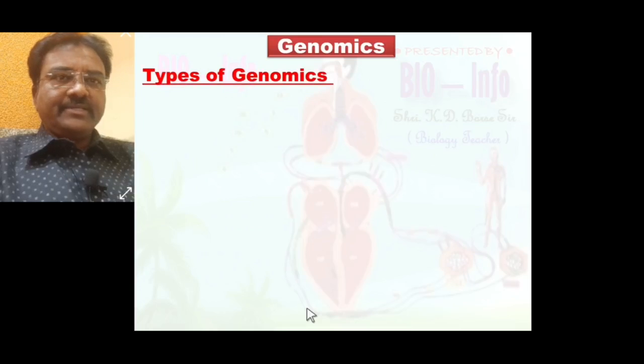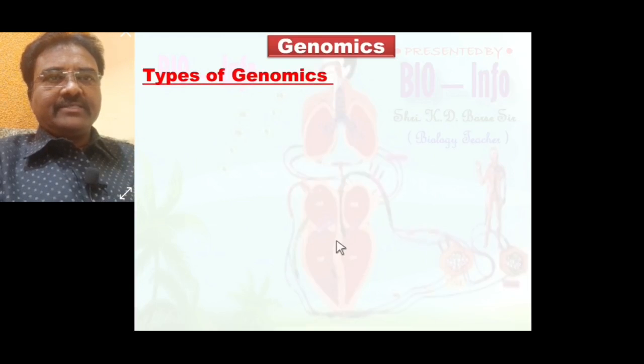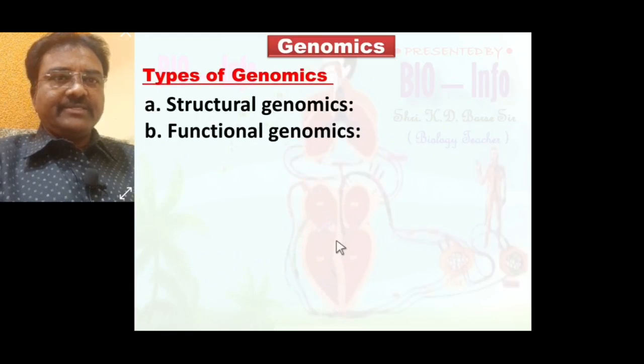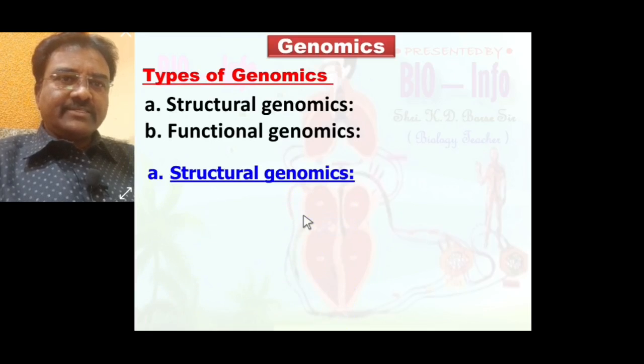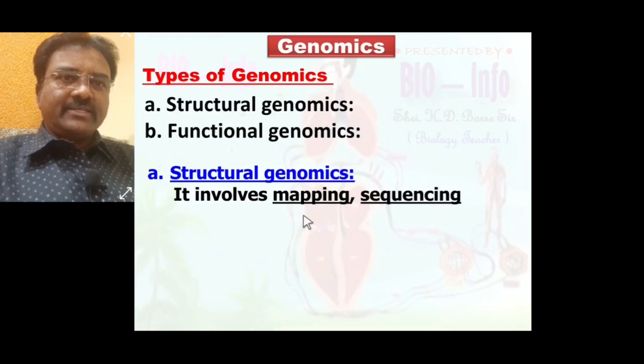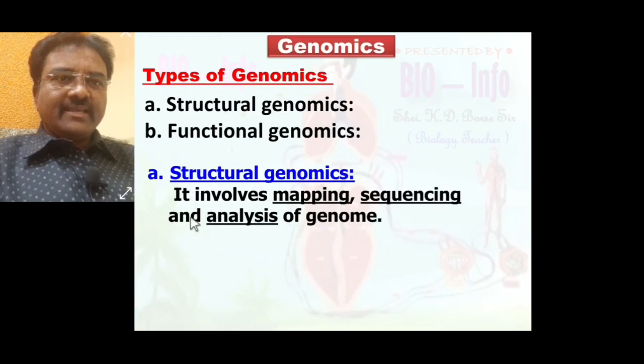Types of genomics. There are two types of genomics, structural genomics and functional genomics. Structural genomics involves mapping, sequencing and analyzing of the genome.